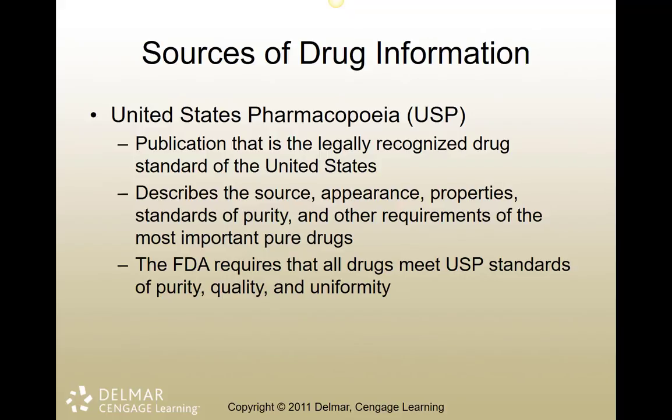And the FDA requires that all drugs meet the USP standards. It's run by the industry, but it's overseen by the FDA. So the FDA approves what those standards are going to be, and then all the drugs have to meet that USP standard, and the FDA holds up that USP standard.